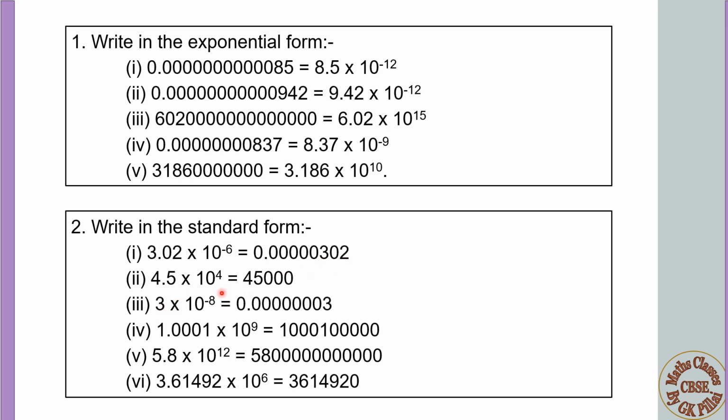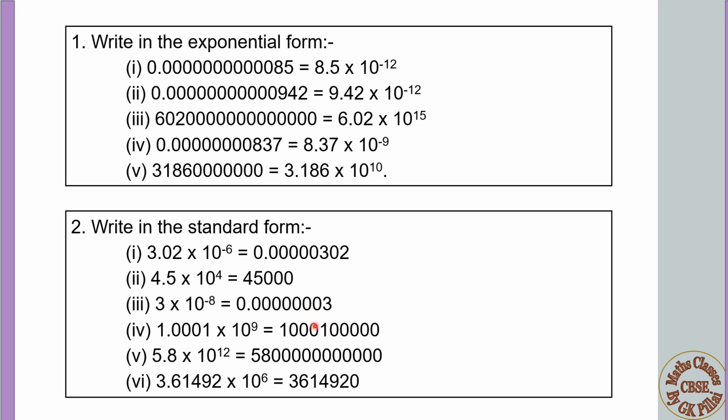4.5 into 10 to the power of 4. There should be 4 digits including this 5. So 4, 5, 3 zeros. Next one, 3 into 10 to the power of minus 8. Once again it will be 0.000, 000 and 03. 1.001 into 10 to the power of 9. 9 means here there are 4 places.